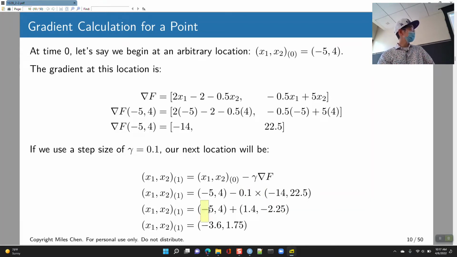So -5 plus 1.4 is -3.6, and 4 minus 2.25 is 1.75.